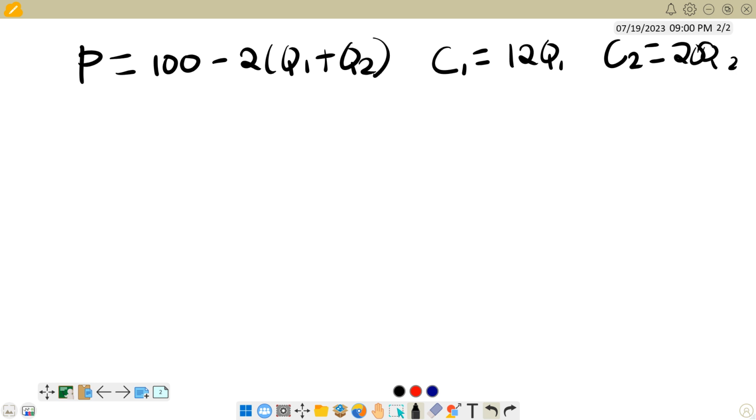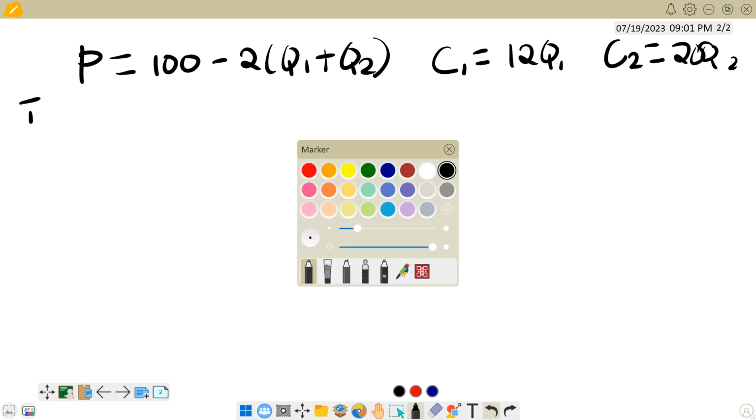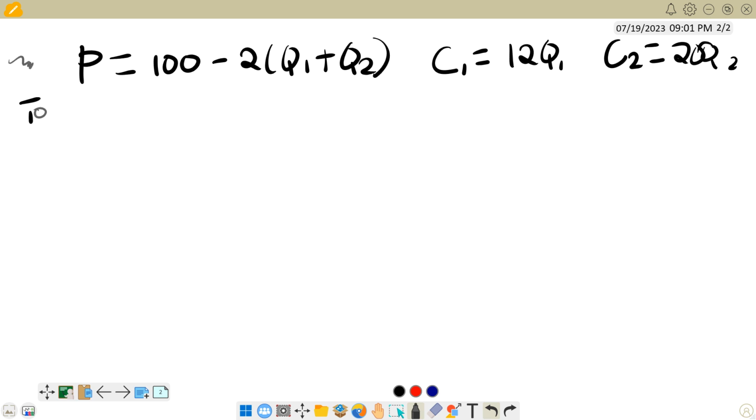So what we want is to get the reaction function. To get the reaction function, the first step, step number 1, is to get the total revenue function.